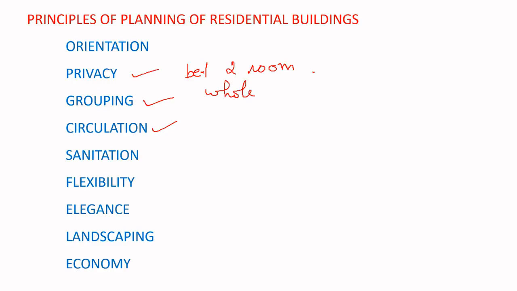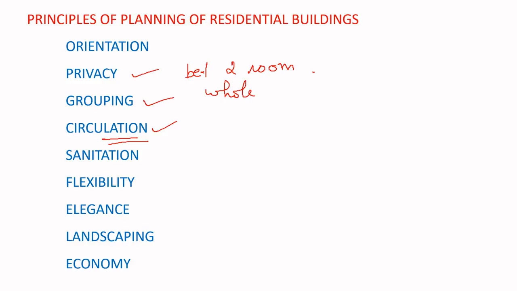So next is circulation. What is circulation? That is movement. So easy movement between the rooms, easy access to all the areas of your building. That is called circulation. So this can be achieved by providing passages, lobbies, corridors and lounges.